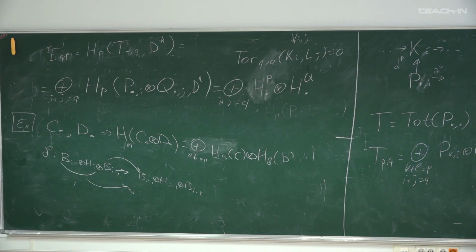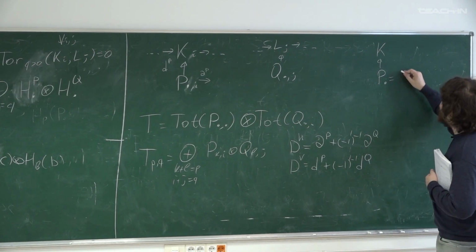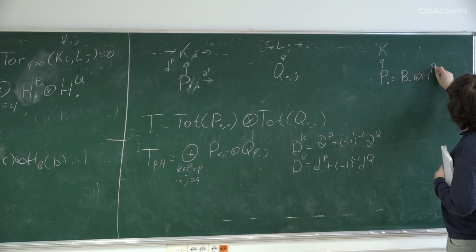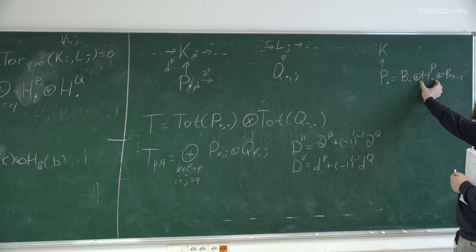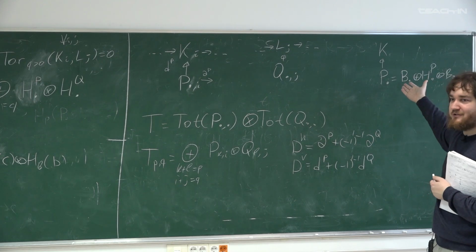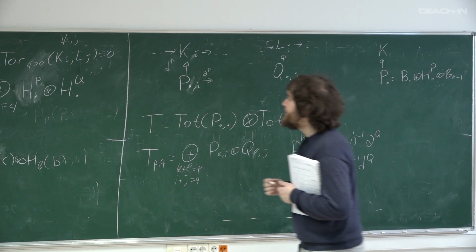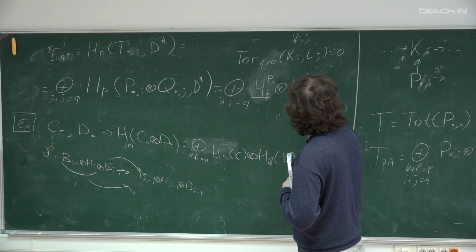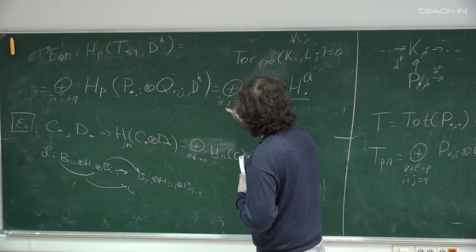I have my resolution, and this resolution has the form B homology and B_{i-1}. And this is the resolution of homologies, in fact. And this is the homology with respect to the horizontal differential. So this is my homology with respect to horizontal of P, horizontal of Q, and I have this thing.